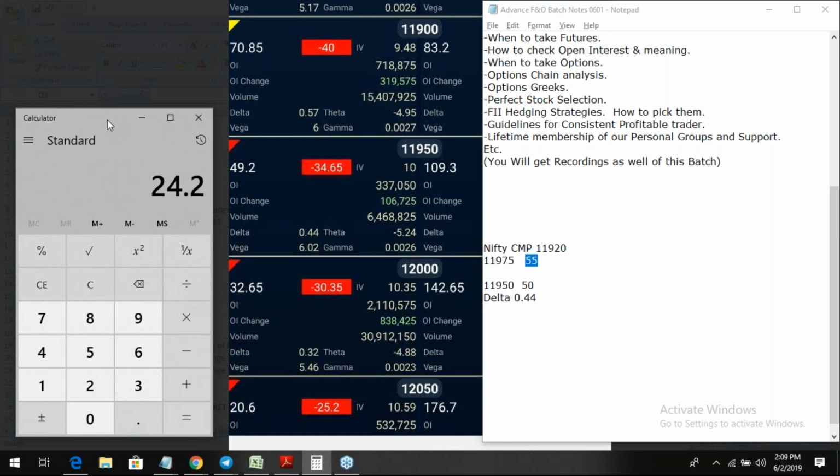How much? 24.2, right? 24.2 plus what is my premium? 50 rupees. So what is my current premium rate? 74.2. Now understood everyone? Right answer now.